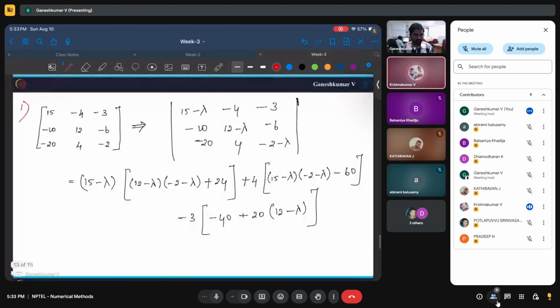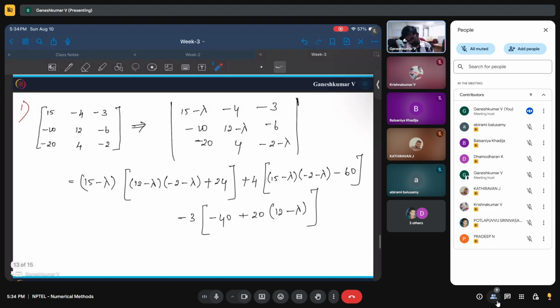Sir, can you check the second term, is that correct? Because 4 into minus 10 in minus 2 minus lambda will come, no? 4 into 15 minus lambda. Are you talking about this term? Yeah, sir.